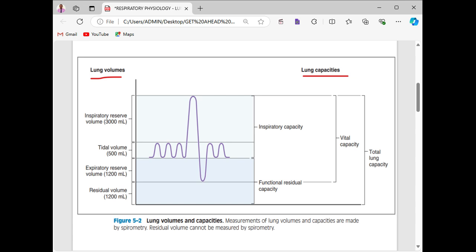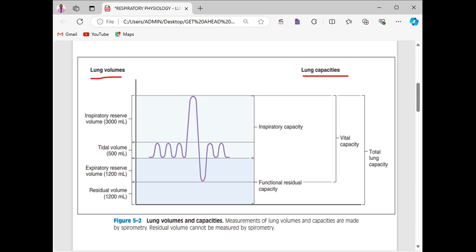We have inspiratory capacity, which is defined as the maximum amount of air that can be inhaled after normal exhalation.